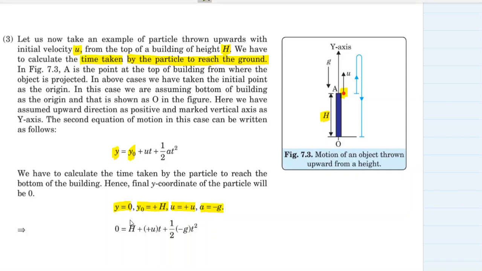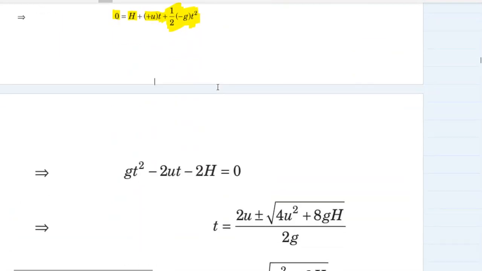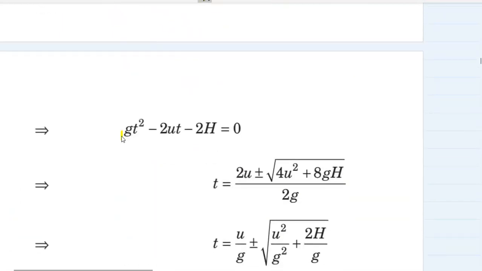Now if you put the values in this equation, in the place of y you put 0, in the place of y naught you put h, in the place of ut you put plus u multiplied by t, in the place of half at square you put plus half multiplied by minus g into t square. You get this kind of equation: gt square minus 2ut minus 2h is equal to 0.